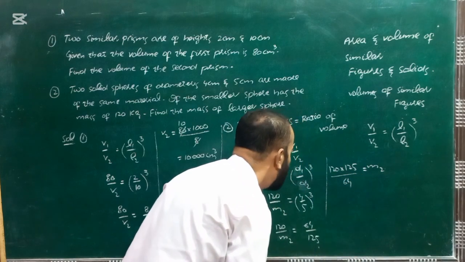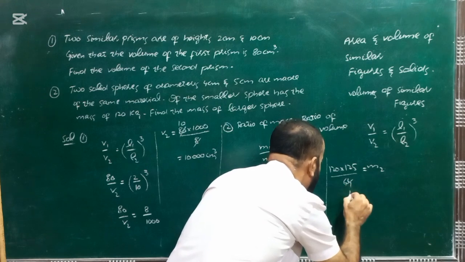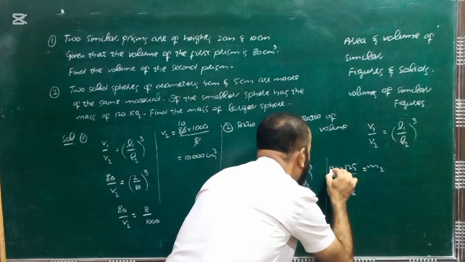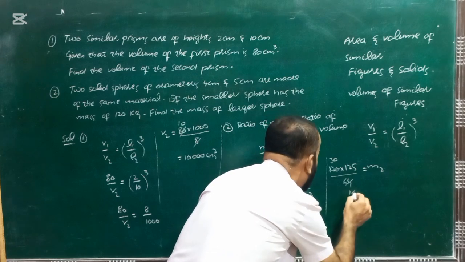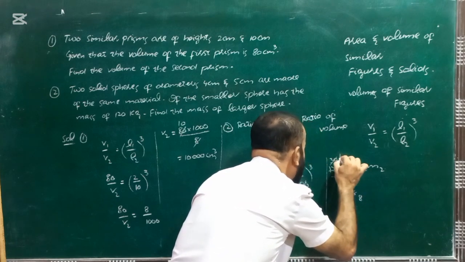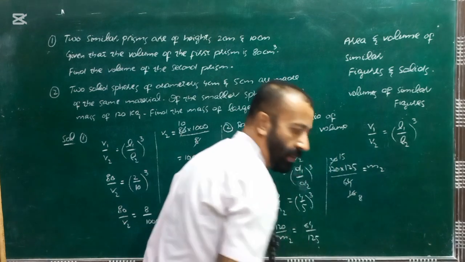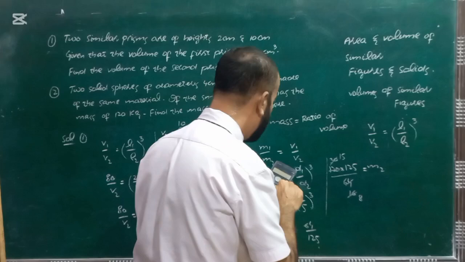So from here cross cancellation of the values. So 4 1s are 4, 4 6s are 24, and 4 3s are 12. Furthermore, 2 8s are 16, 2 15s are 30, and from here solving the values on the calculator.